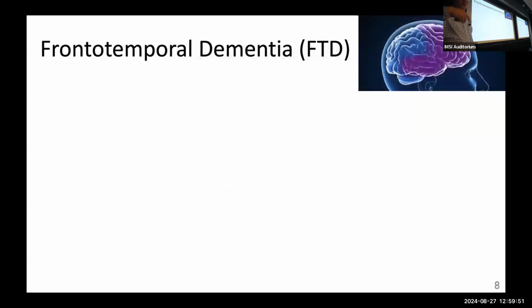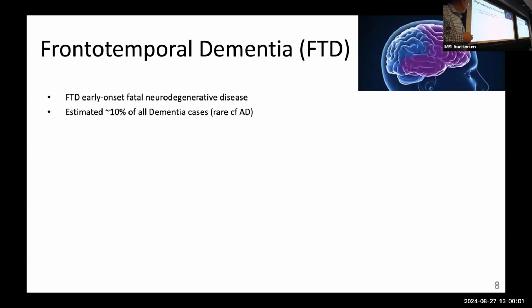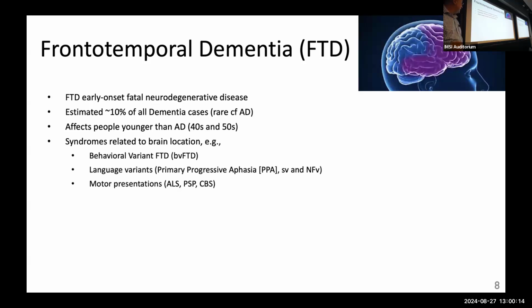Now let me talk a little bit, in 3 minutes, about what I was originally going to talk about, frontotemporal dementia. It's another form of dementia you may not have heard of. It happens early in life, unfortunately, to people that get it. It's pretty rare, about 10% relative to dementia overall. It affects younger people, mostly in their 40s and 50s. It's also very heterogeneous compared to Alzheimer's.